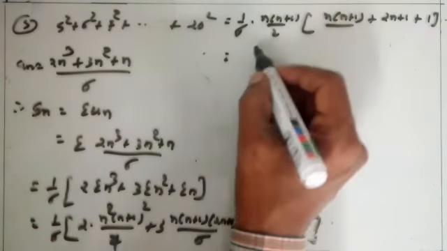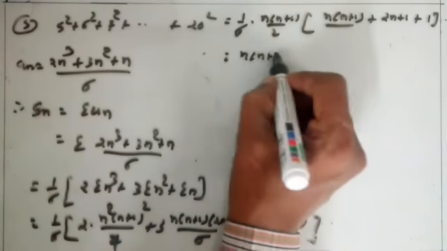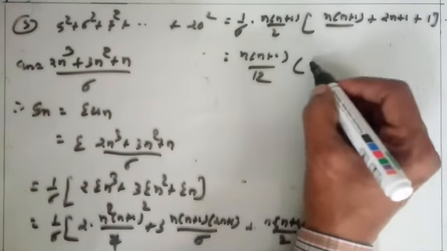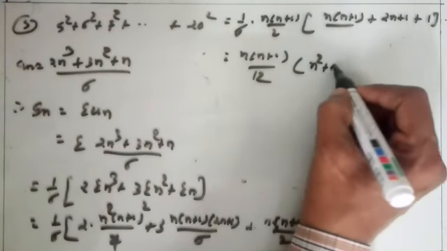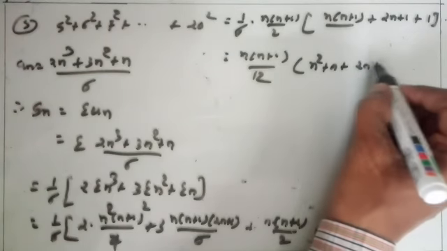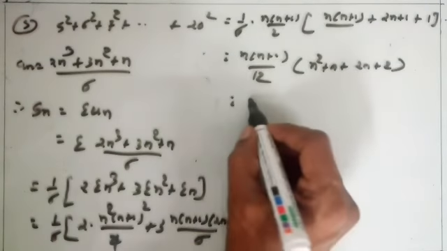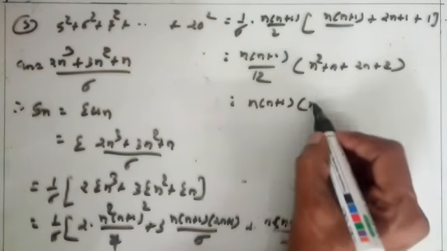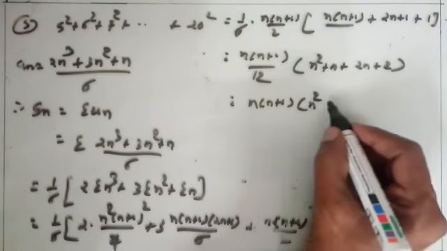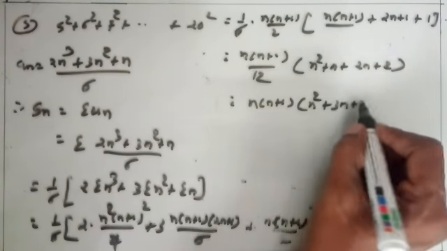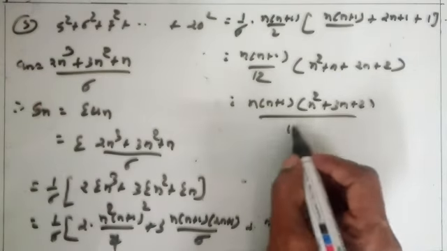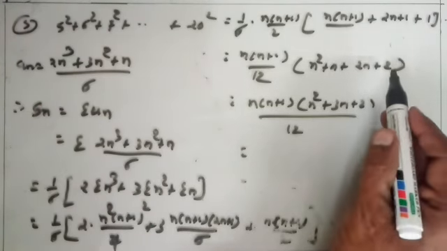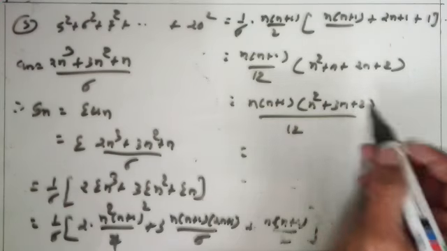So it is equal to n into n plus 1 by 12 into, here n taken inside, so we get n square plus n plus 2n plus 2. Clear? So n into n plus 1 and n square plus 3n plus 2 upon 12.